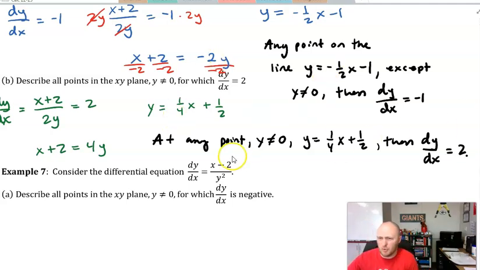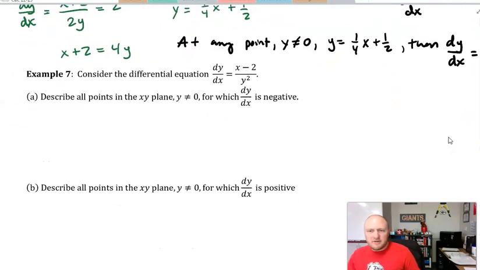Okay, so at any point where y is not equal to 0, y is equal to this, then the slope will be equal to 2. Okay? All right, example 7.